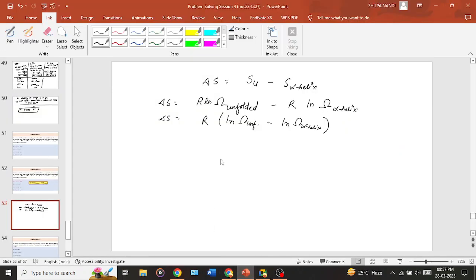So what we can write is delta S is equal to R times ln 4 to the power 10 minus ln 1 to the power 10.